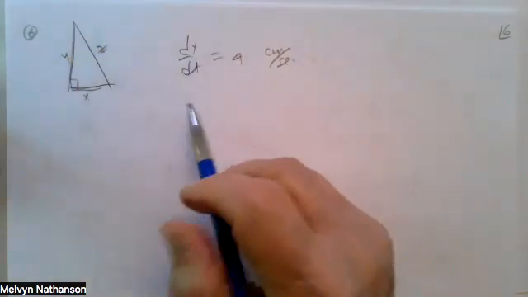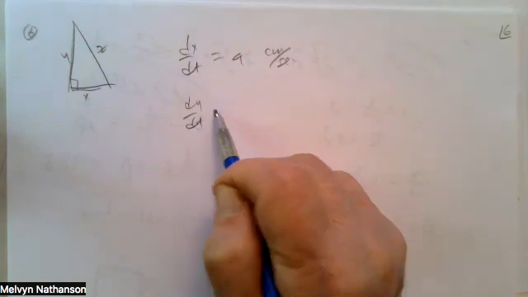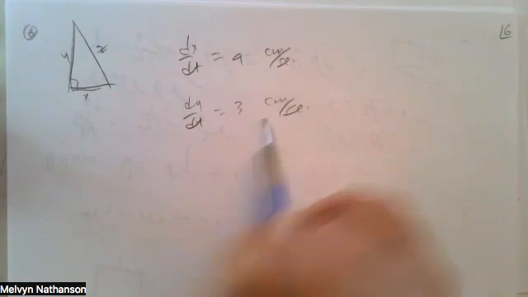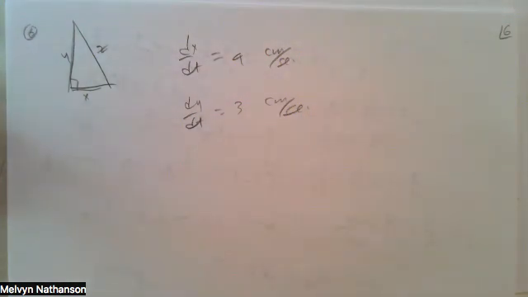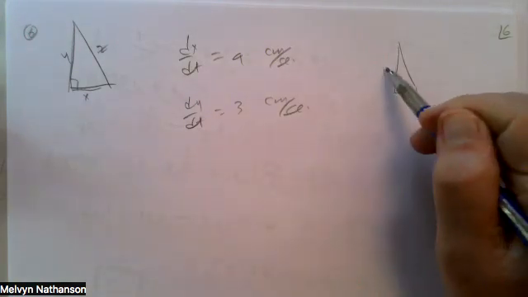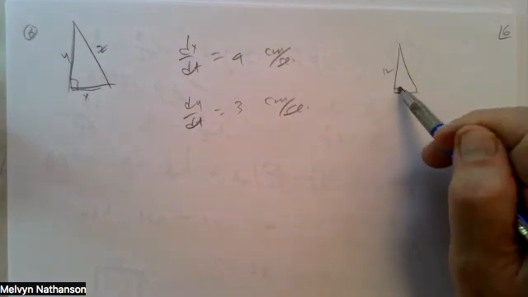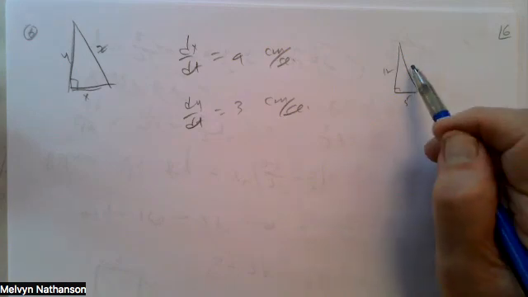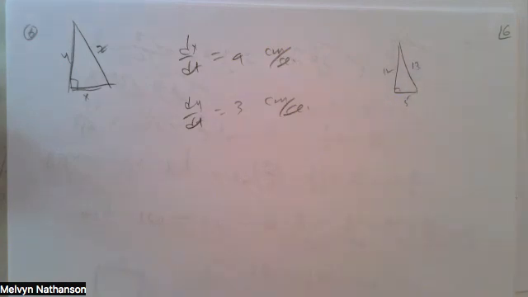And the vertical side y, dy/dt, is increasing at a rate of 3 centimeters per second. Find the rate at which the area of the triangle is increasing when x is 5 and y is 12. Of course, if x equals 5 and y equals 12, and this is a right triangle, the hypotenuse is 13. It's a 5, 12, 13 right triangle.